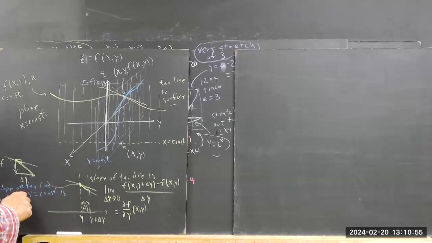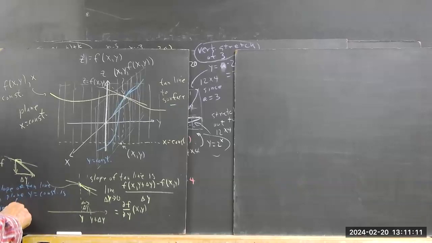Slope of the tangent line in the plane Y equals constant is the limit. Well, now X is changing. Delta X is going to approach 0.